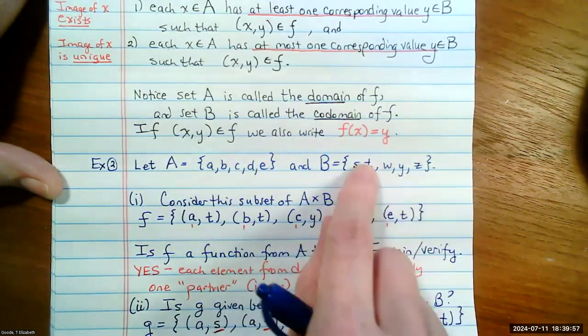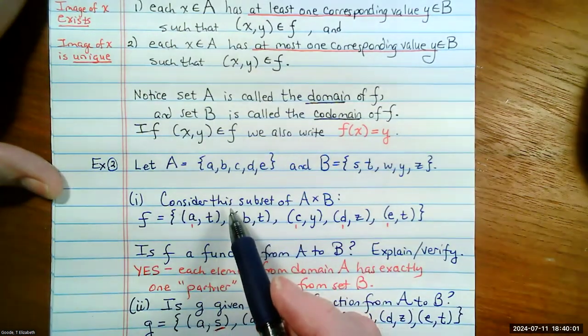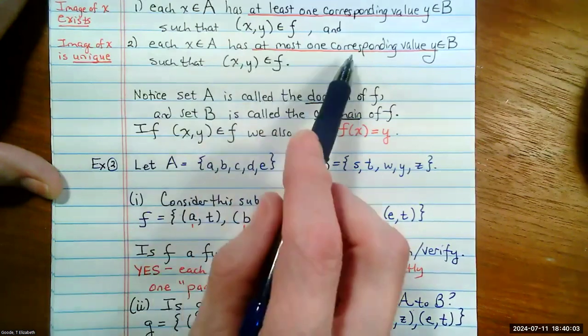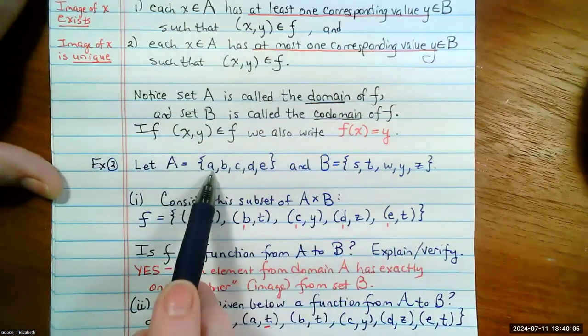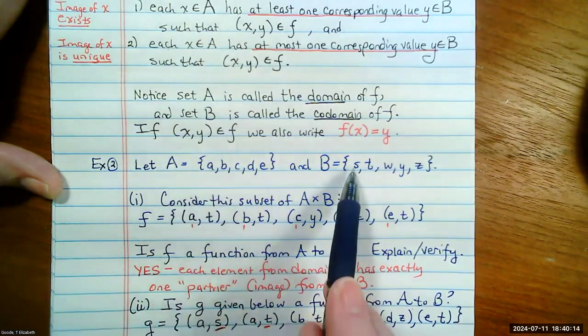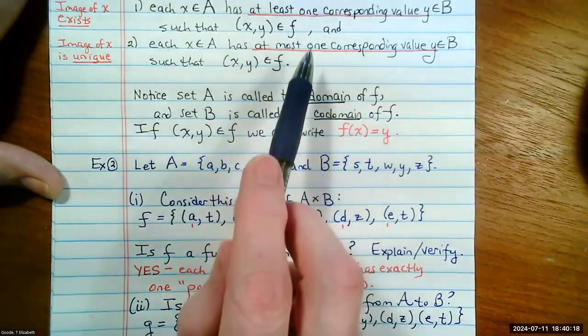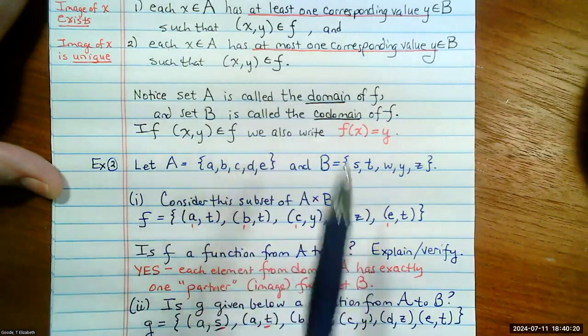Just some element from B. But at most one means if you look at an element of A, like this one, little a, it can't have two different partners from B. It's got to have one, but it cannot have more than one. Does that make sense?